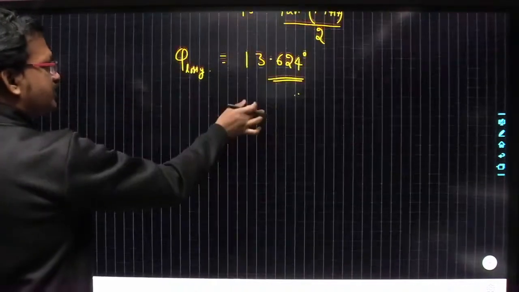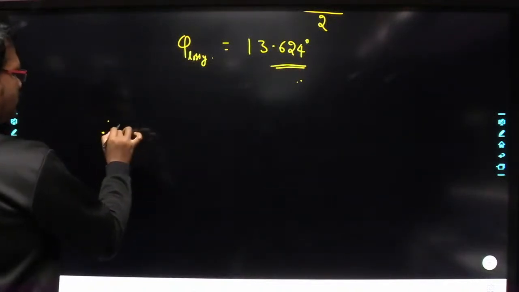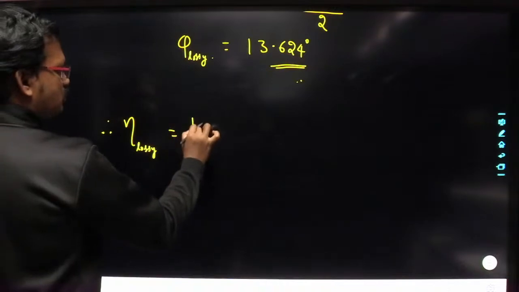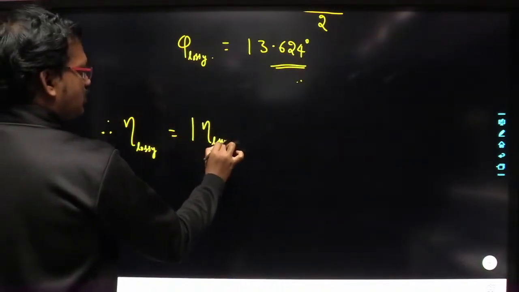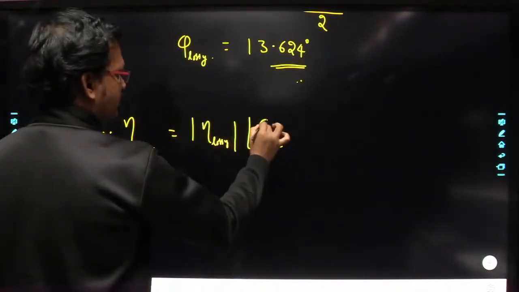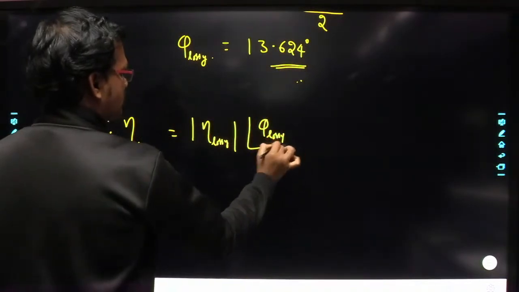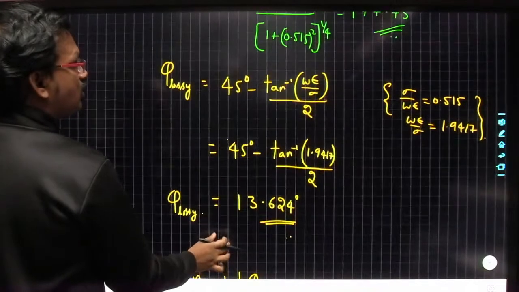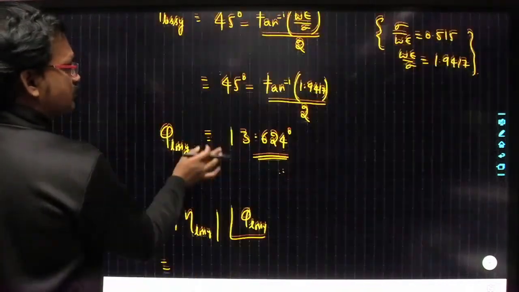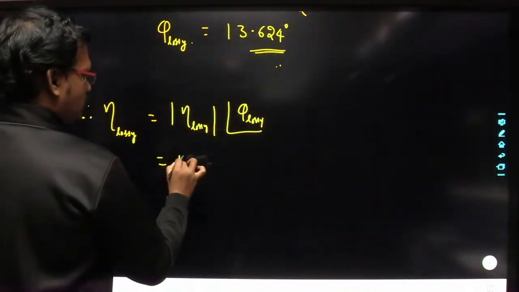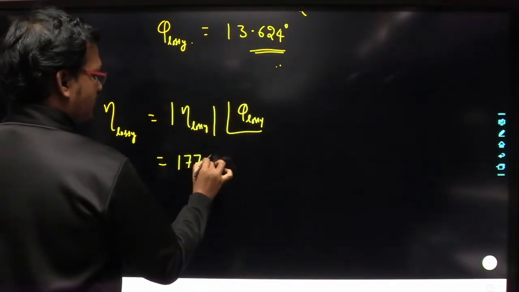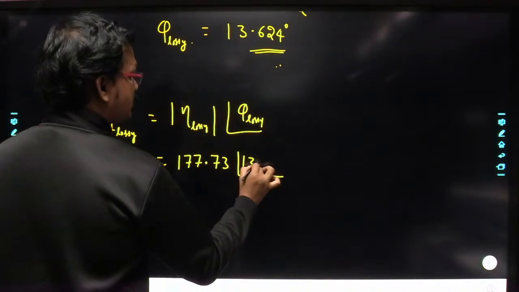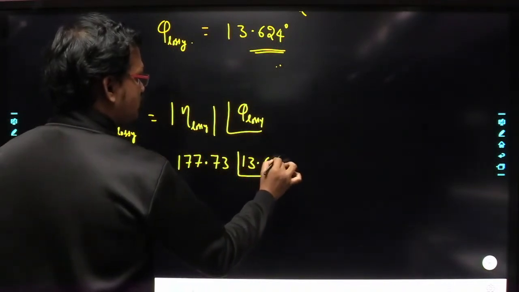So therefore the intrinsic impedance of the medium is equal to the magnitude of eta lossy at an angle phi lossy. The magnitude we got is 177.73 at an angle of 13.62 degrees.